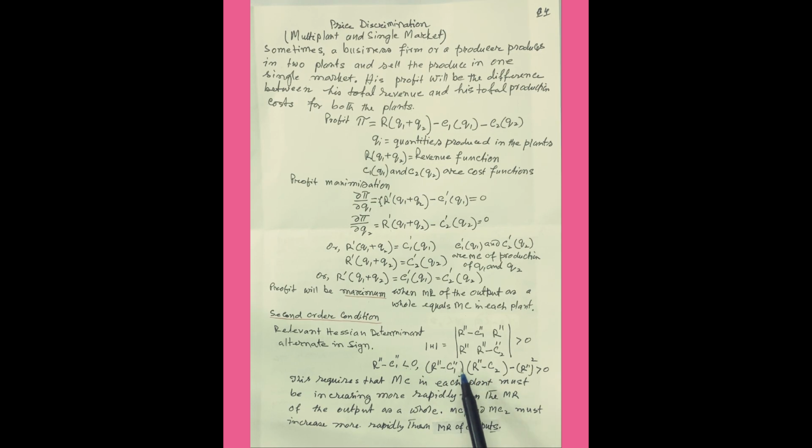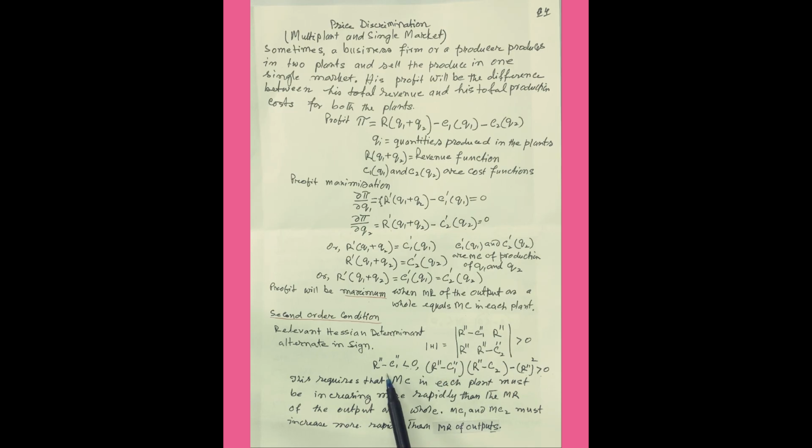That means (R prime prime minus C1 prime prime) into (R prime prime minus C2 prime prime) minus R prime prime square should be positive. So this requires that MC in each plant must be increasing more rapidly than the MR of the output as a whole.